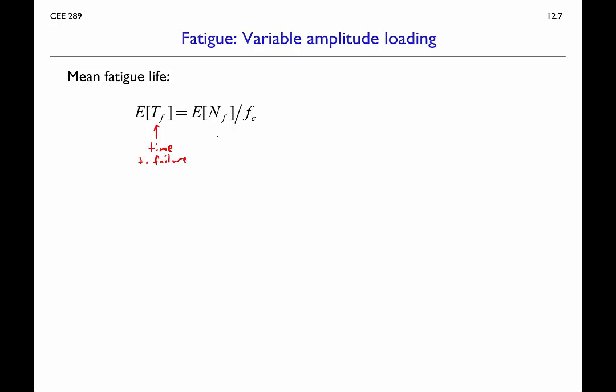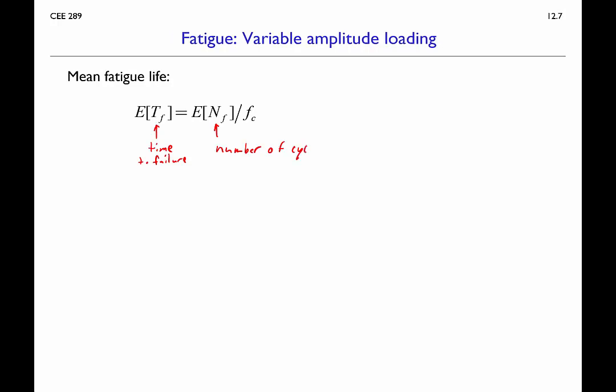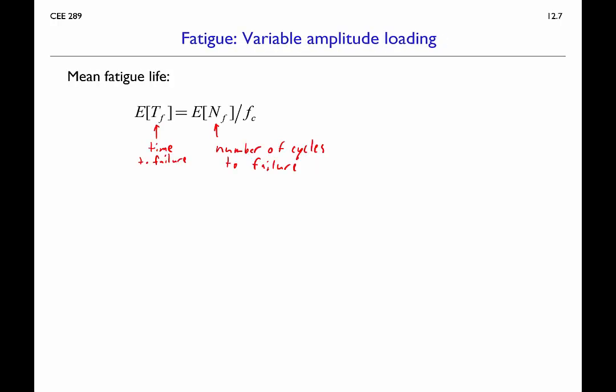Well, I can figure that out by thinking about the number of cycles to failure, which is what we've been setting up our equations for. And then we've got to say, well, how often do cycles happen? So that's going to be this f_C, the rate of cycles.